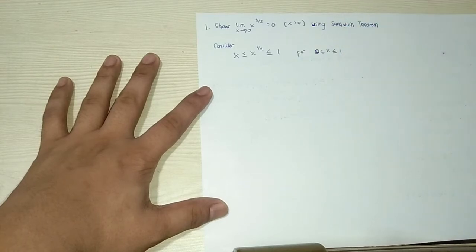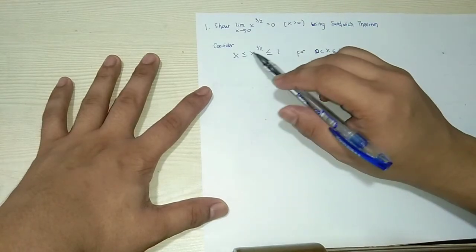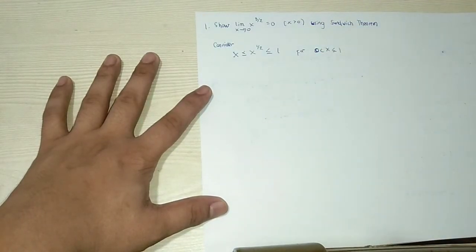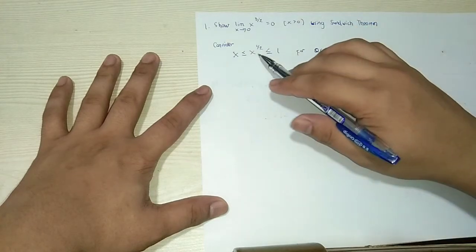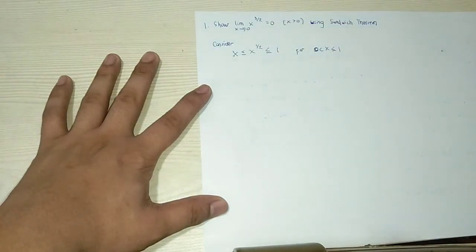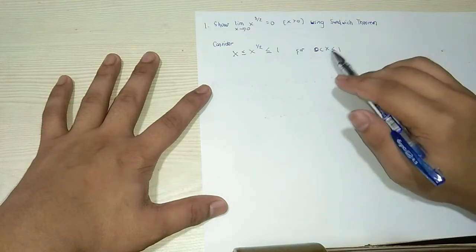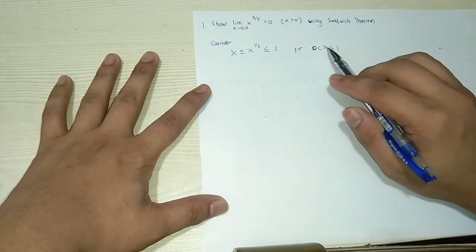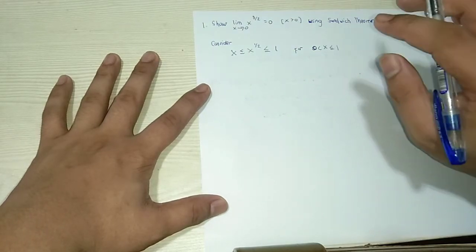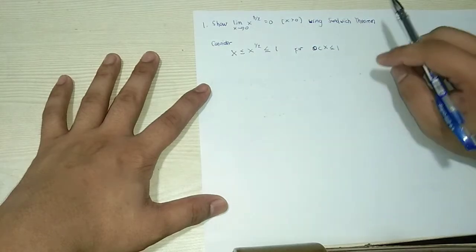Kasi pag greater than 1 na yan, so hindi na true to. Okay, so let's say 2. So, mas maliit yung square root of 2 kaysa sa 2. But, kapag etong pinag-uusapan, mga fractions, so yung square root, mas mataas doon sa root.